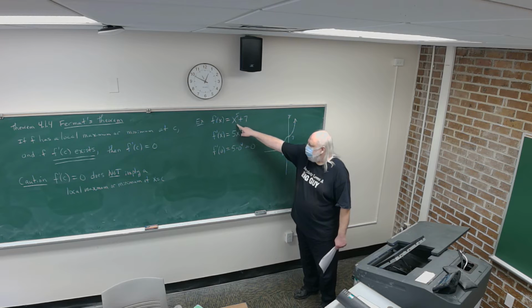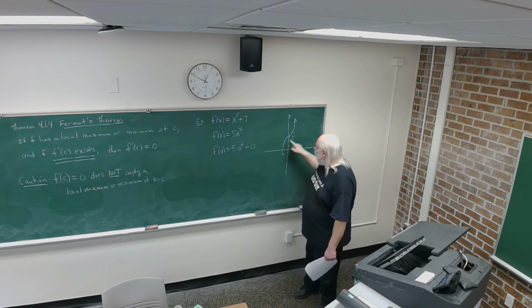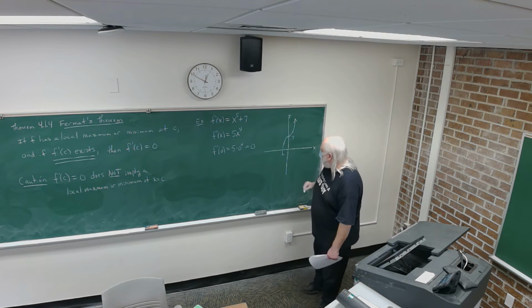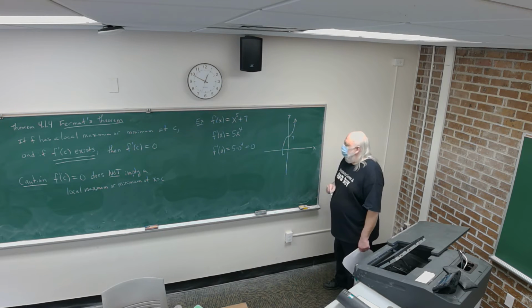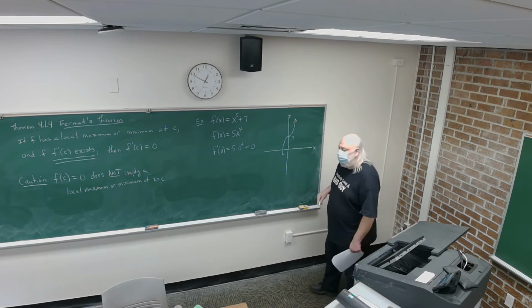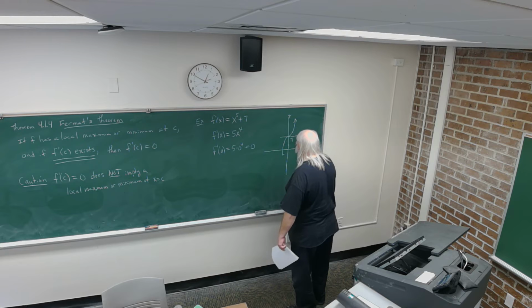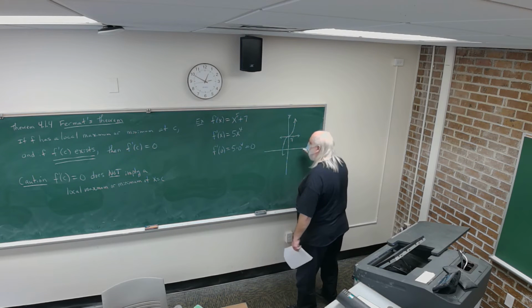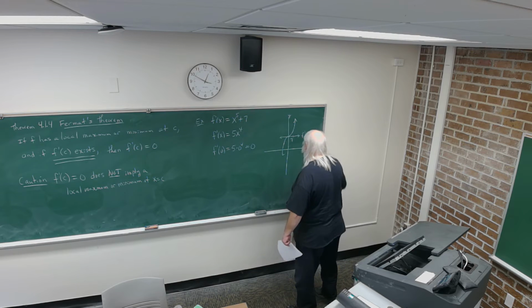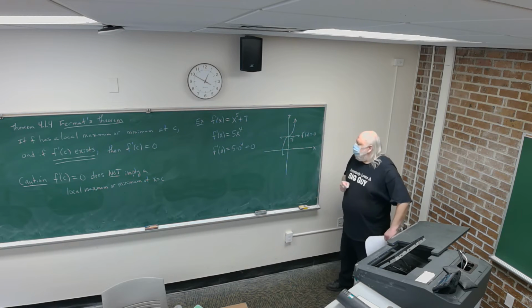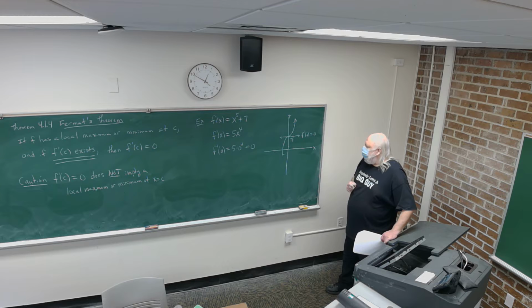You can see the y-intercept: you put in 0 for x, you get 0 to the 5th plus 7, which is 7. At that point, the horizontal tangent line has a slope of 0. f prime of 0 is equal to 0. The slope of the tangent line is 0, but that's not a local maximum or minimum.